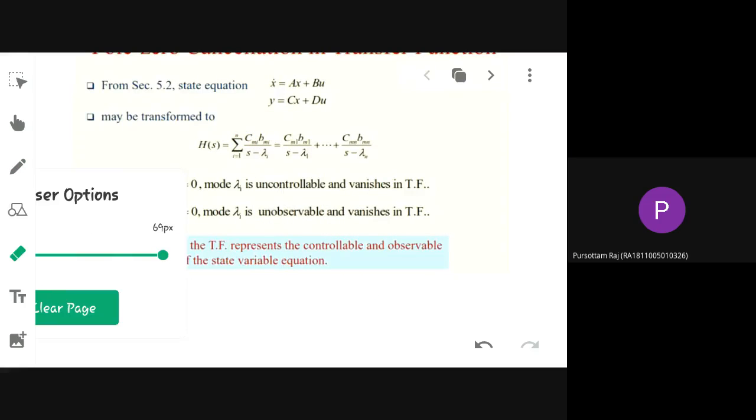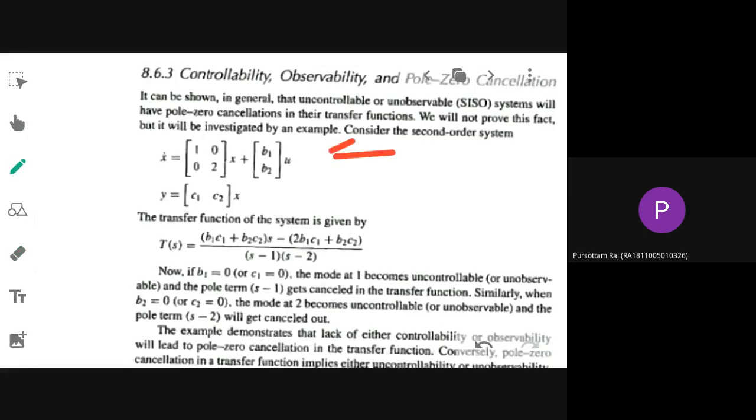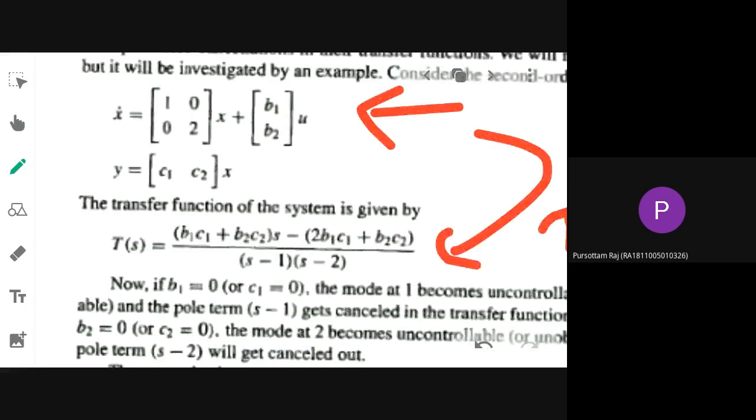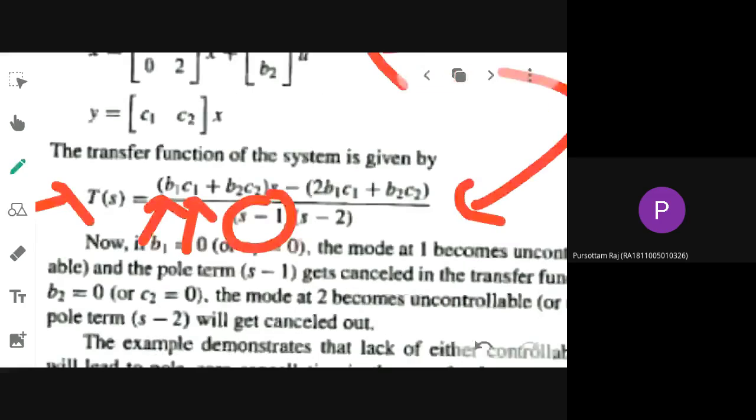Next, suppose this is your system state space model. If I convert that into an equivalent transfer function, it will look like this. Now if I substitute either B1 or C1 as 0, then as indicated by the previous statements, this S minus 1 factor may get cancelled. In the same way, if you substitute either B2 or C2 as 0, then this factor may get cancelled.